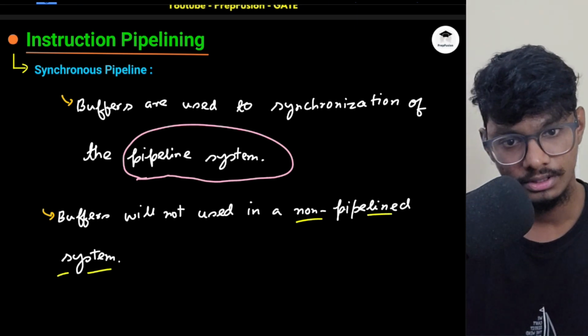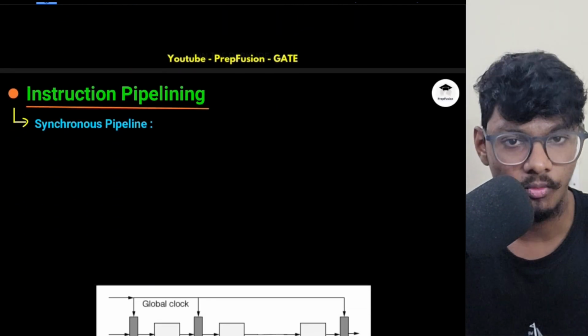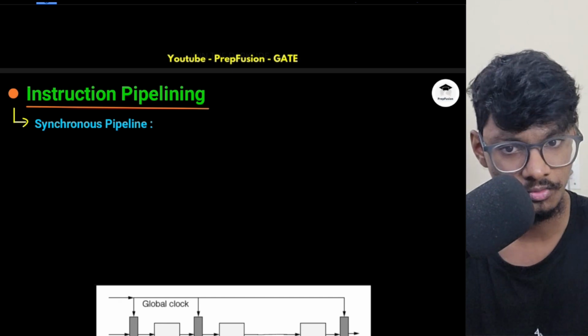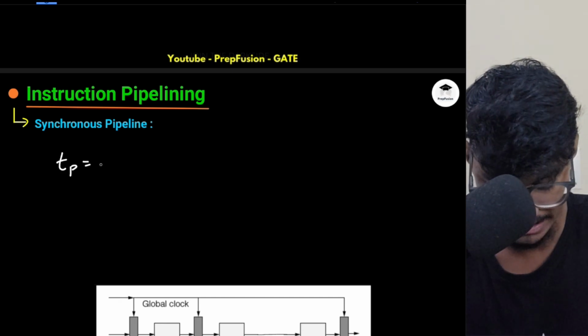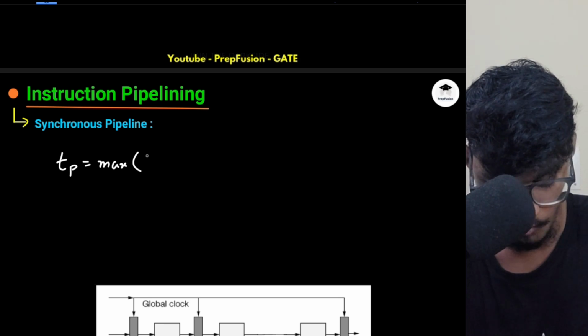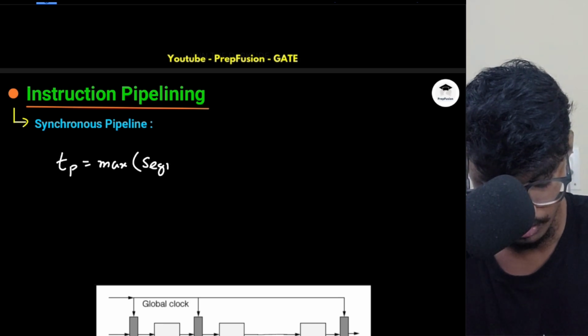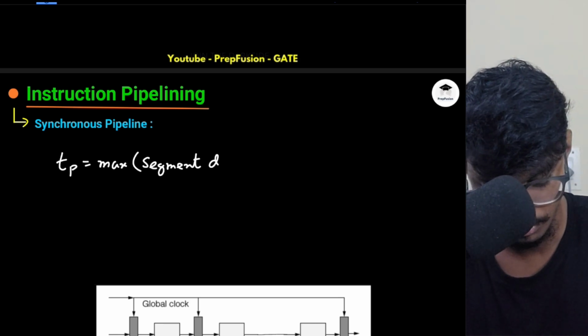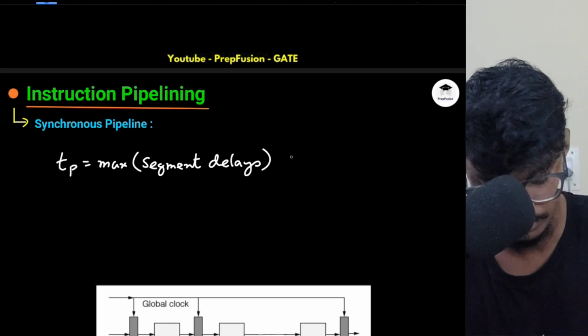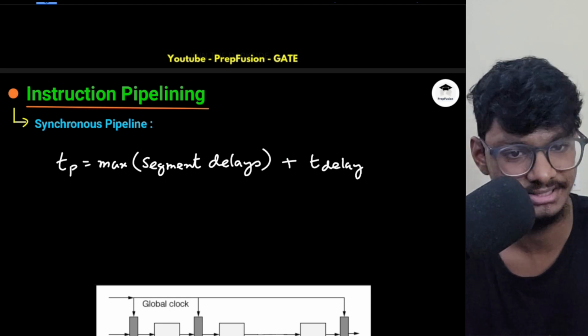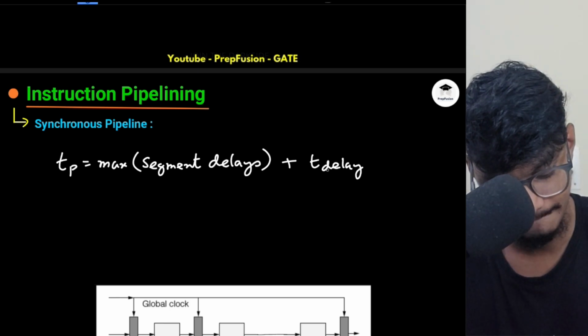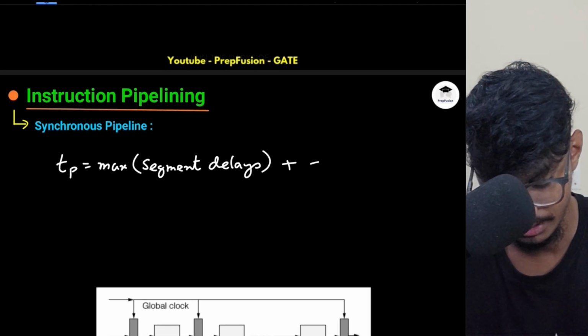So what was the formula? The general formula for TP, just remember these two things. TP will be the maximum of all the segment delays, whichever one is maximum, plus the register delay, the buffer delay.